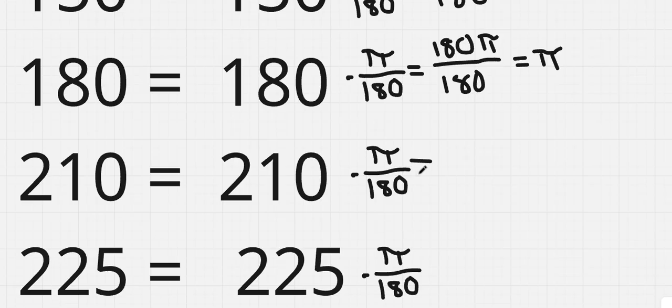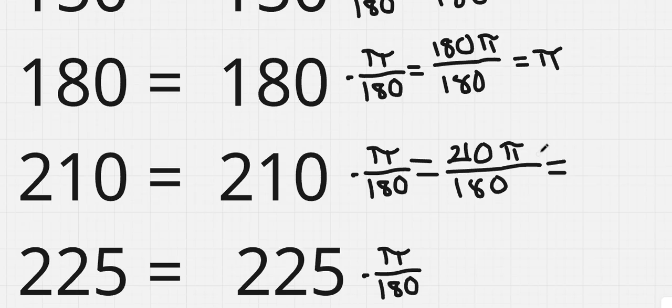The next measure of degree is 210 degrees. So 210 degrees as a radian is 210 pi over 180, which can be reduced because they both have a common factor of 30. Our greatest common factor is 30.